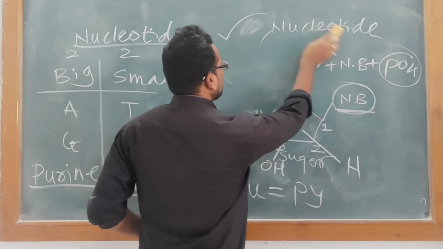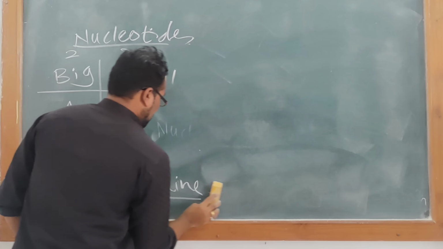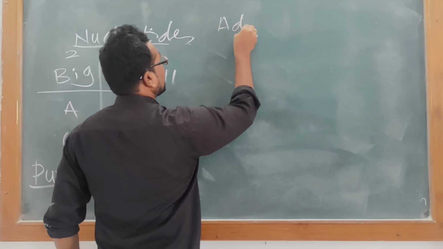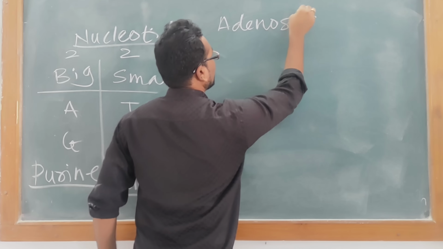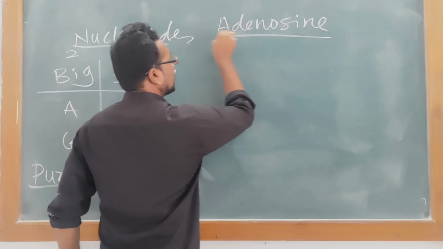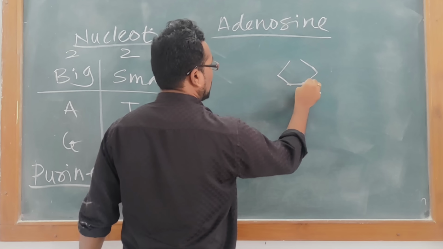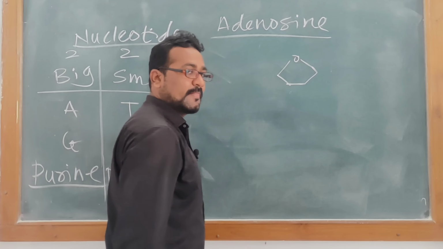So if you look at the structure of nucleotide adenosine, suppose I need to draw the structure of adenosine, then what should I draw here? I should first draw the sugar.